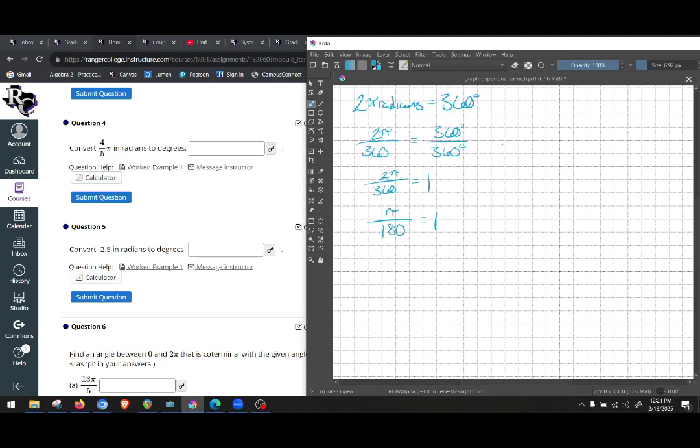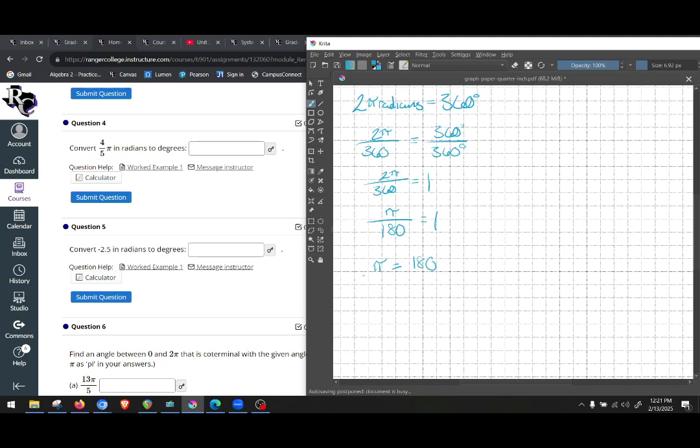That pi over 180 is what we multiply by to get from degrees to radians. Now to go the other direction, we do the opposite of this. Let's multiply that 180 back to the other side, equals 180.